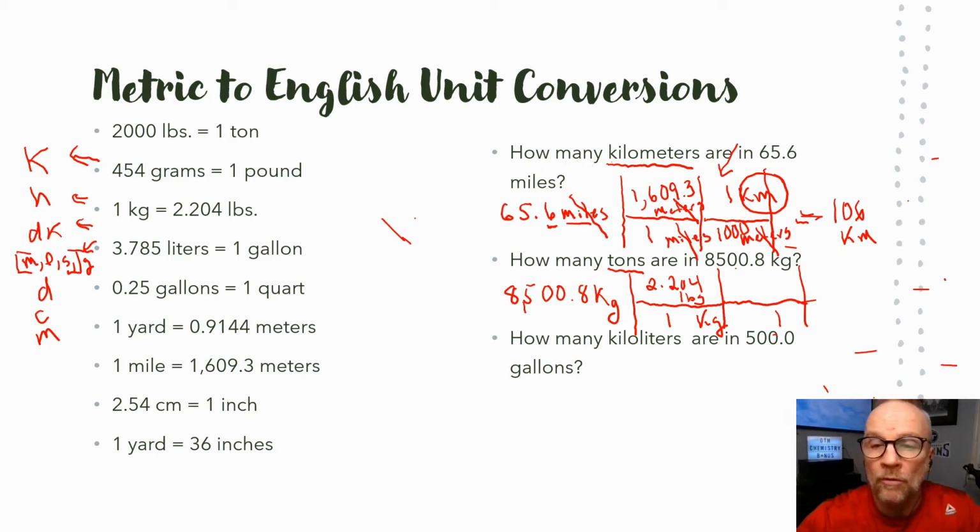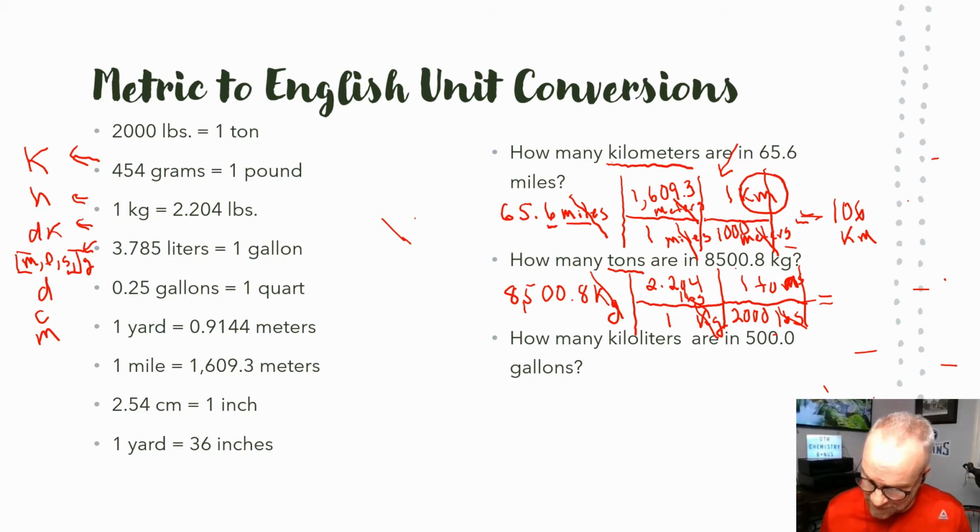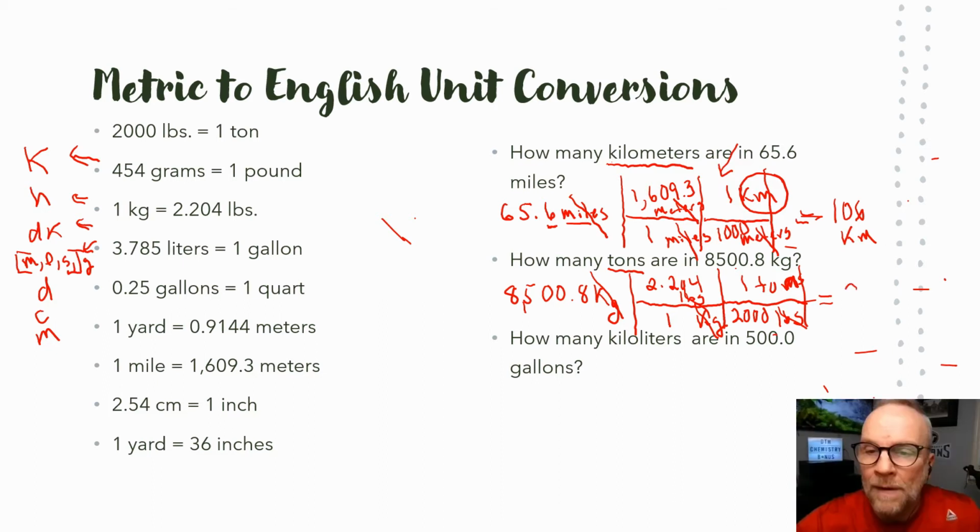So pounds will go on the bottom, so 2,000 of those will go into 1 ton. Kilograms will cancel, pounds will cancel, and then we got tons, T-O-N-S. And let's see, what did I get there? I got 9.368.